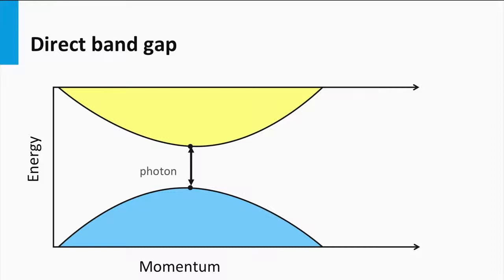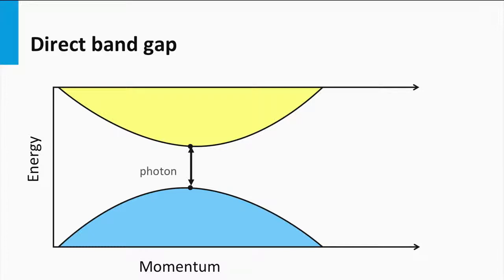This means that the excitation of an electron induced by photon absorption is more likely to happen for direct bandgap materials than for indirect bandgap materials. For direct bandgap materials, no additional matching momentum coming from phonons has to be delivered. Or in other words, the absorption coefficient for direct bandgap materials is significantly higher than for indirect bandgap materials.